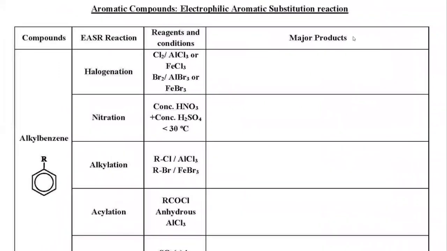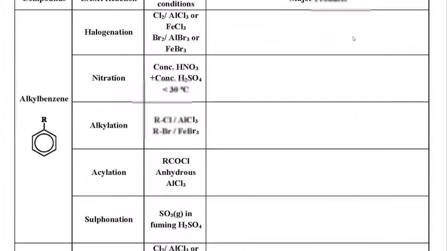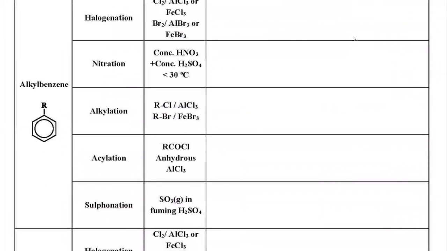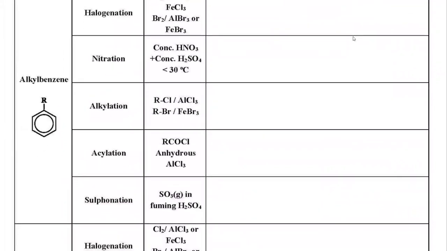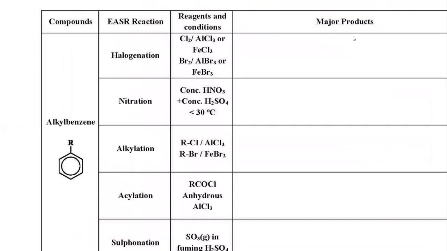Okay, we have alkyl benzene. I just show you once, and then the rest you can try on your own because it's just repeating. So alkyl group. Firstly, you answer teacher: is this R donating or withdrawing?